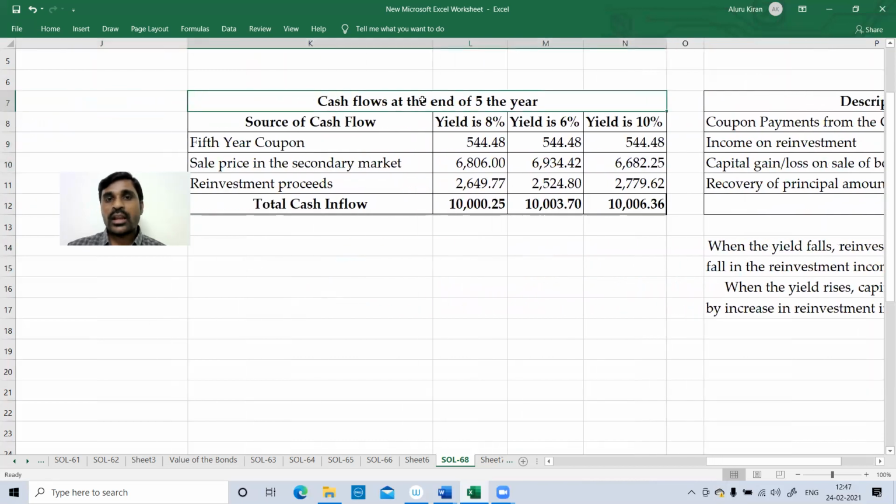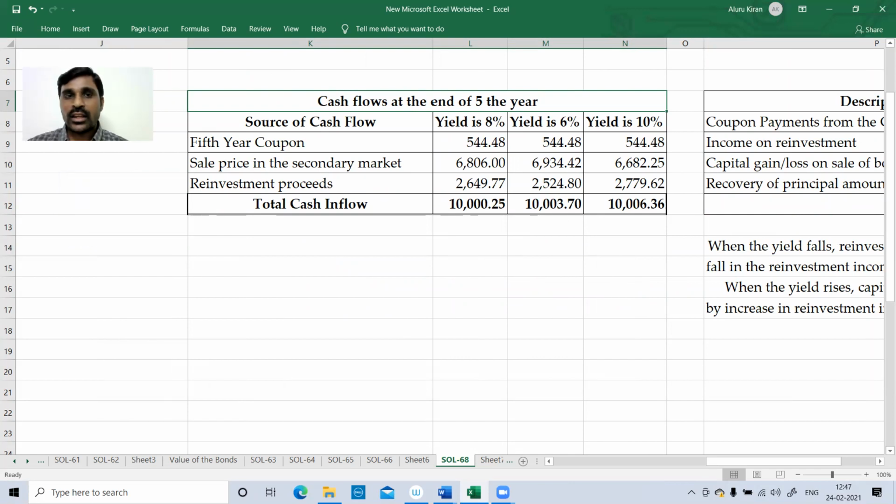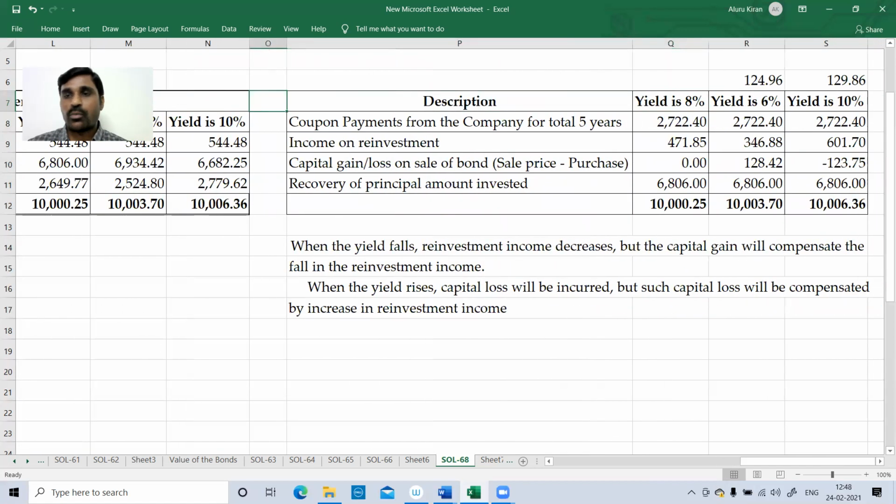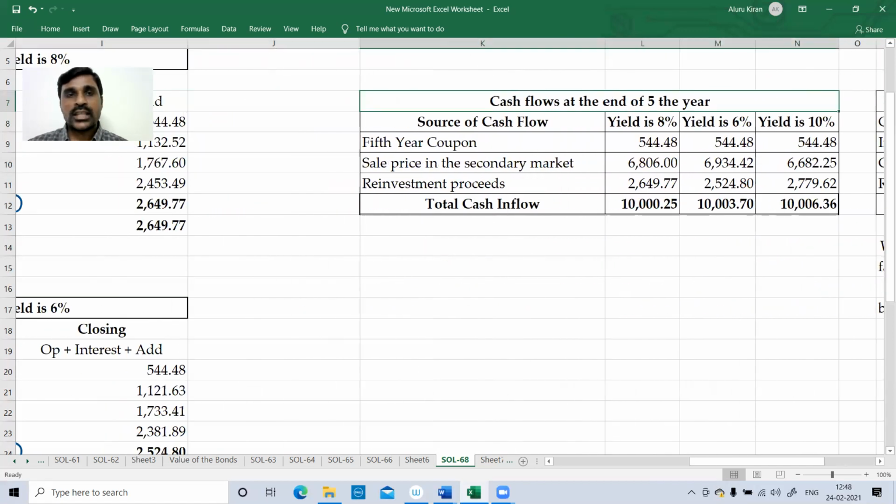Next, cash flows at the end of the 5th year. Take this also. Pause the screen and copy it, or take a photo of it. Different presentation: total cash flow I got. Different way of presentation, same point, same concept. You can pause the screen and copy this screen also, or take a photo of it.